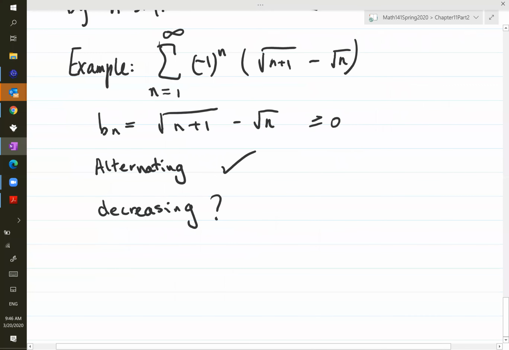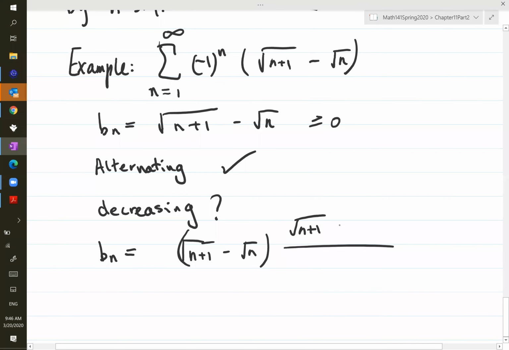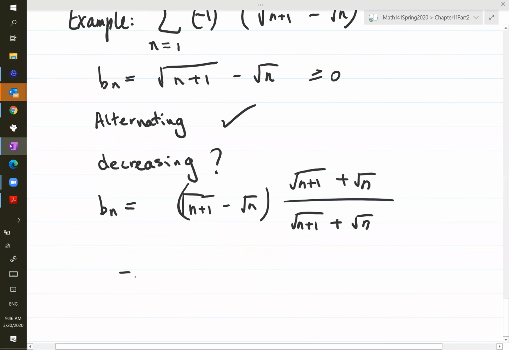We write it in this manner and it will be really clear. We rationalize: we multiply by the conjugate, and then we divide by the conjugate. Now the numerator, a minus b times a plus b, will be a difference of two perfect squares.